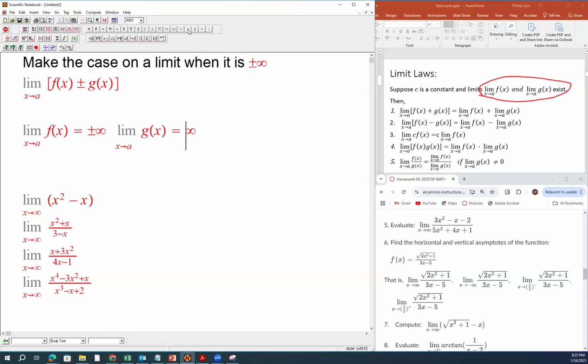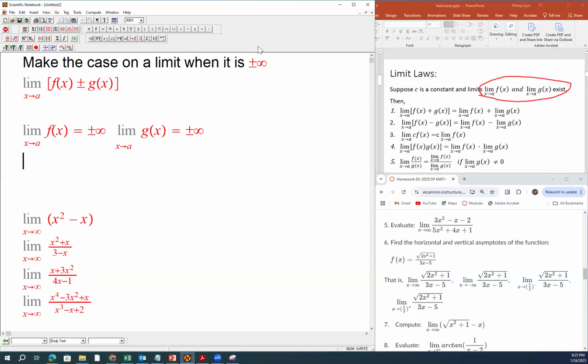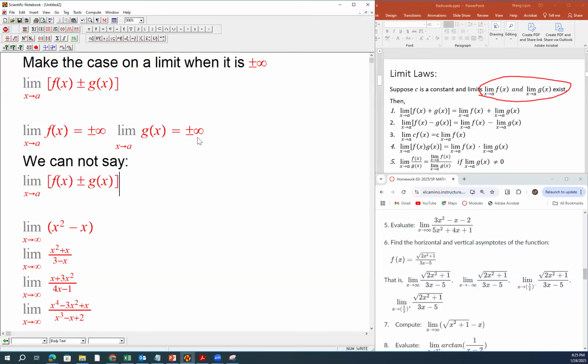It could be plus or minus infinity, and we cannot say the sum or difference will be approaching infinity or 0.